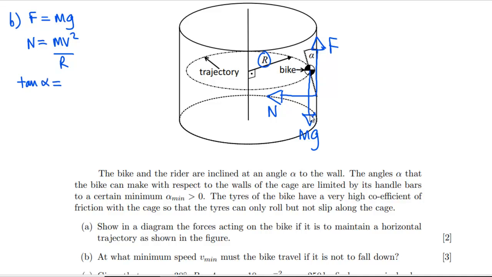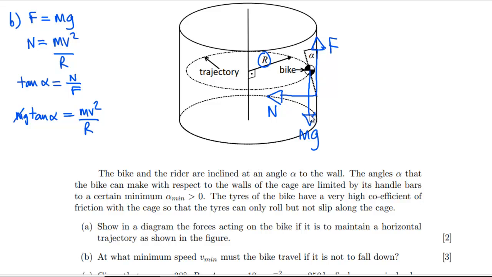Tan alpha is opposite over adjacent, that's N over F. So now we can put our N into the second equation, and our F as well. We can replace both of those. So N over F is tan alpha, so F tan alpha is mg tan alpha, and N is mv squared over r.